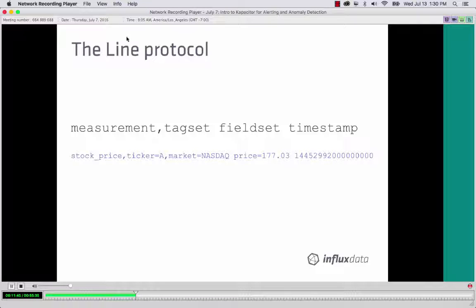And I will note that the timestamp here is actually optional. You do not need to specify a timestamp. An example point from the slides we had previously would be stock price, comma, ticker equals A, comma, market equals NASDAQ, space, price equals 177.03, and then some massive timestamp.